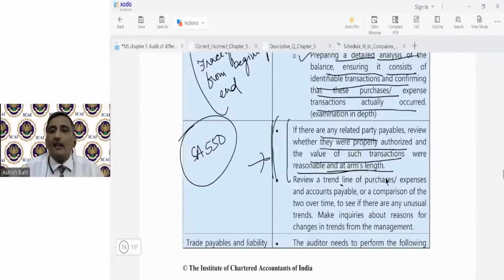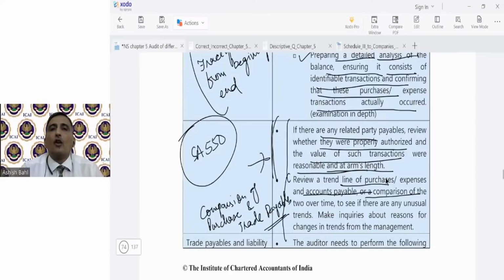Review a trend line of purchases and accounts payable. So it is nothing but just a comparison of purchases and trade payables. What you do is make a sort of analysis, month wise.